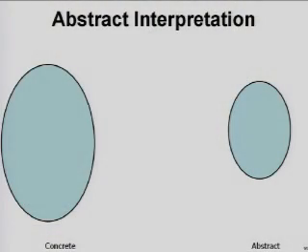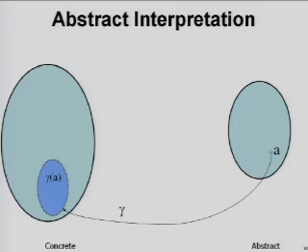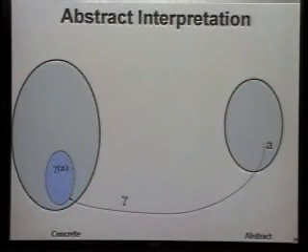So going again to the definitions, in the abstract interpretation setting, we have the concrete world and the abstract domain. And for every value in the abstract domain, the concretization function gamma defines a set of concrete states.